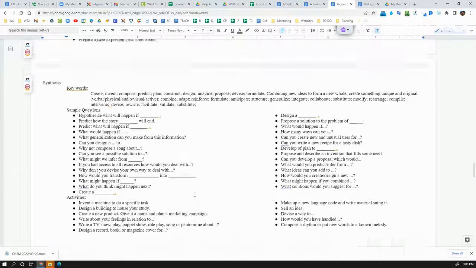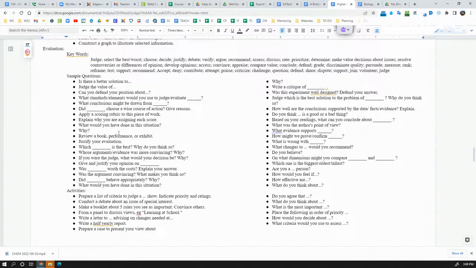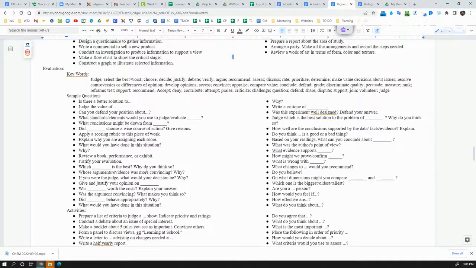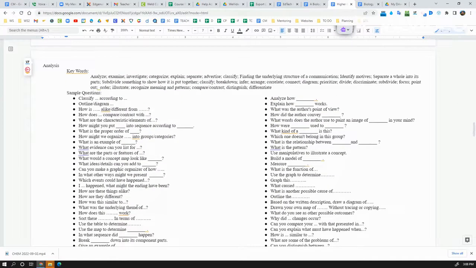So what this document does for you is give you ideas on how to create those questions, because it has prompts, right? So you can pick up a sentence stem and then transform that to any given concept. I will give you an example. Let's look at an analysis question and pick a prompt.